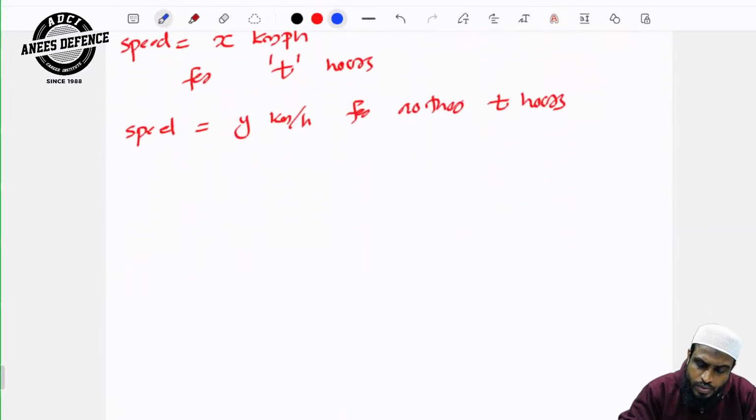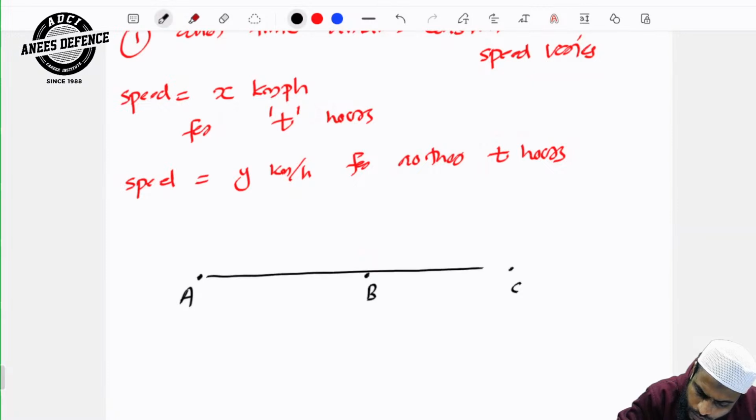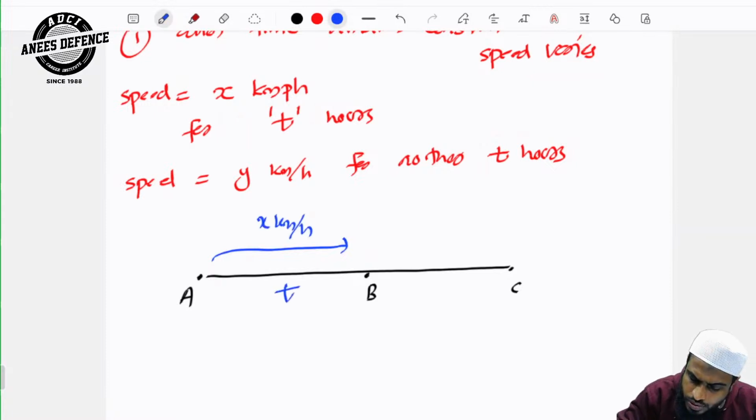So for total distance, when a person is traveling with a speed of x for a time t, we can consider like this. This is point A, this is point B, and this is point C. From A to B, he is moving with a velocity of x kilometer per hour and time taken is t.